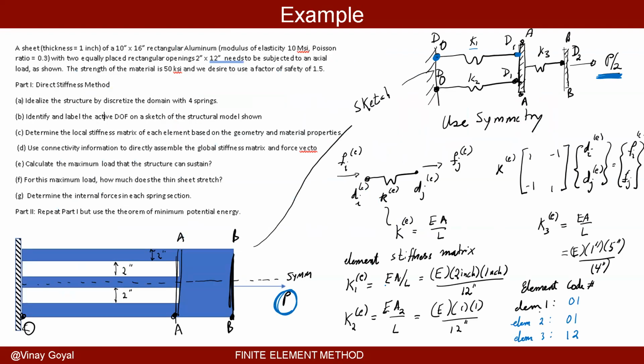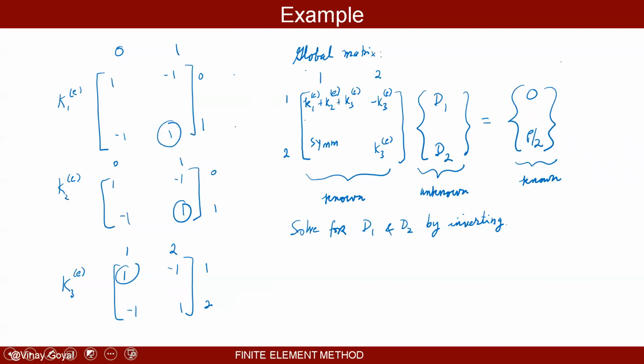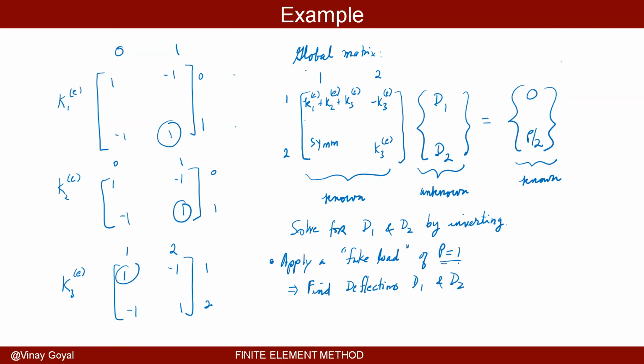Or Leonardo, since the question is asking what is the maximum load the structure can sustain, and we need to get to 50 KSI, perhaps you apply a fake load. So apply a fake load of P equals 1, and then determine the deflections D1 and D2 for this load.